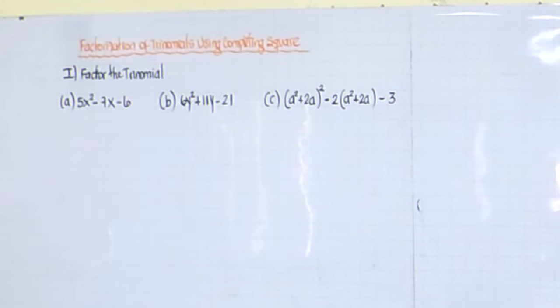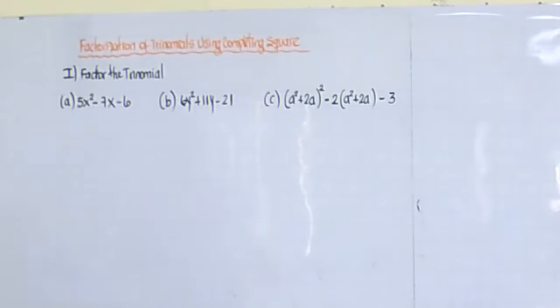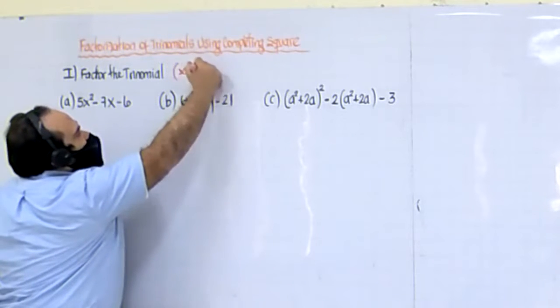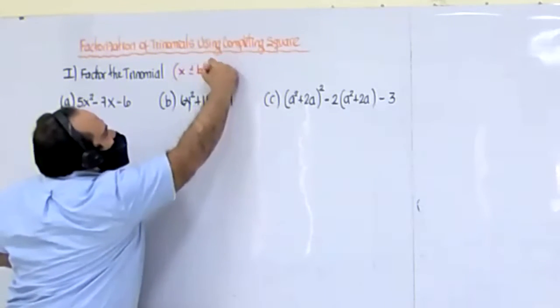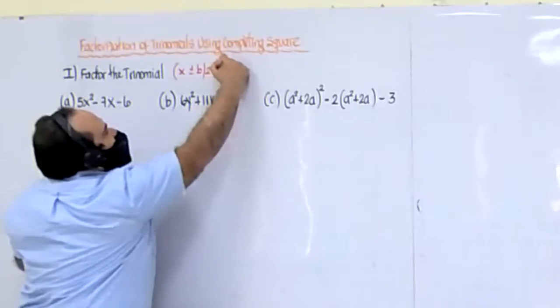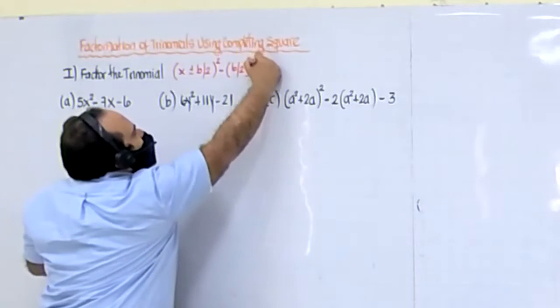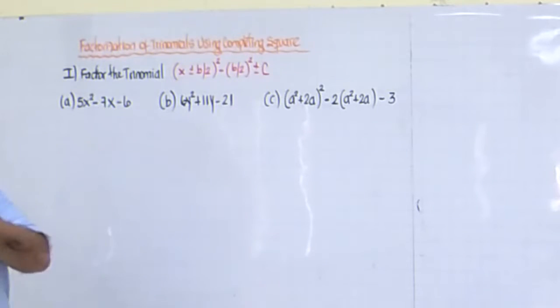Okay, so before starting to solve these three examples, remember the completing square formula. The completing square formula is given by the following expression: x plus or minus b over 2, to the second power, subtracting b over 2 to the second power, plus or minus c.